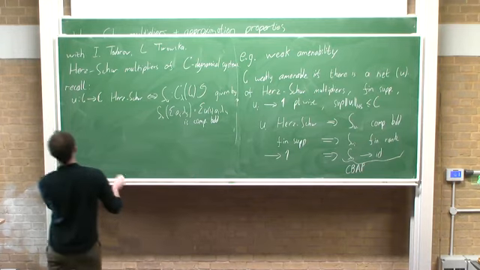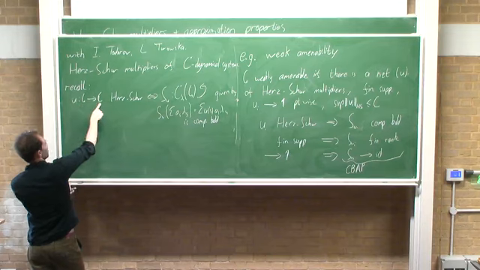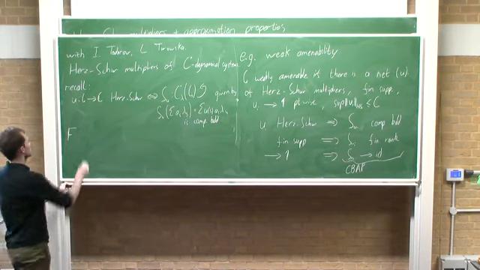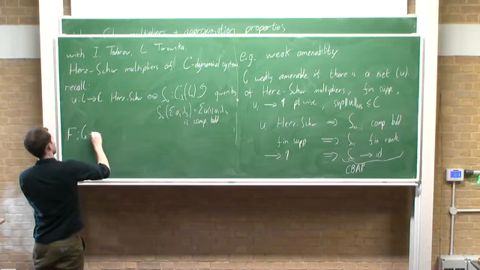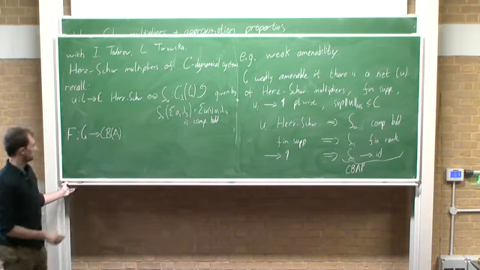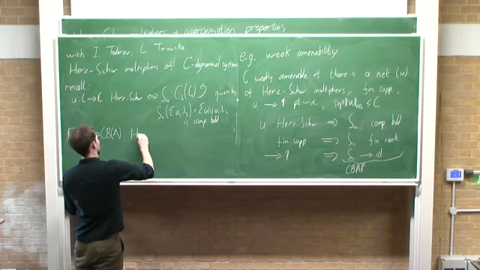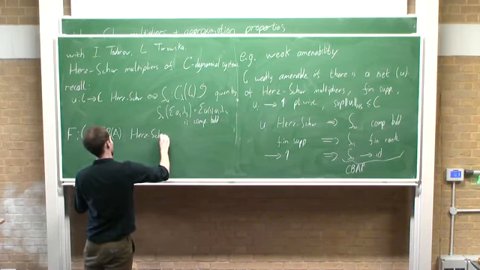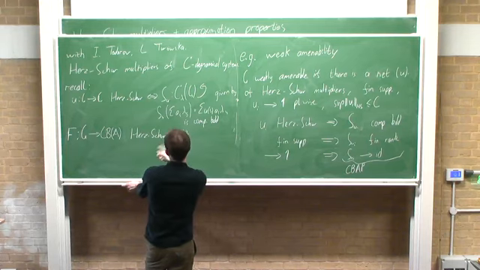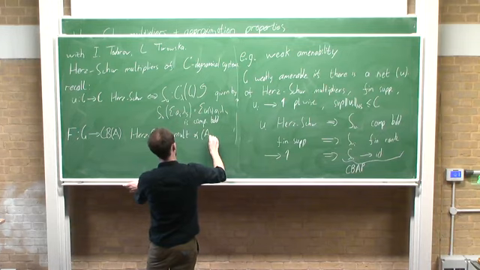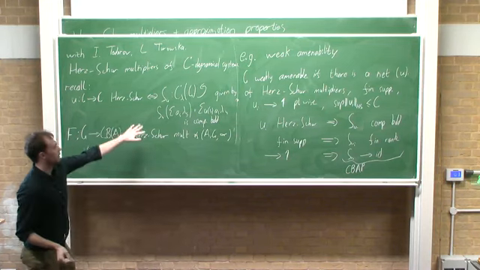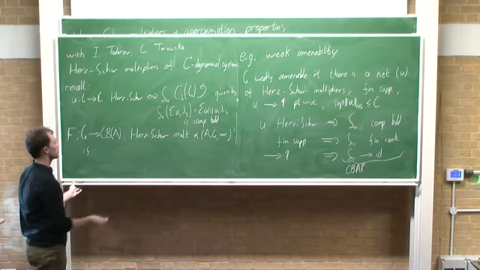So what we did was replace the function from the group to the complex numbers with a function, which we write as f for some reason, from the group to the completely bounded maps on A. So we call it a Herz-Schur multiplier of the dynamical system if, and then we write down a version of this condition.